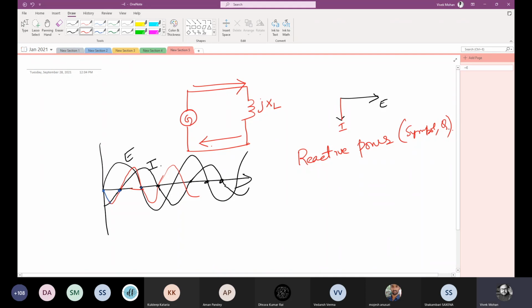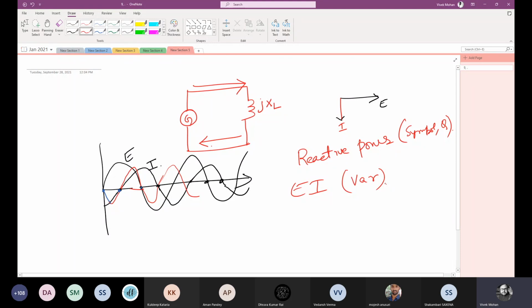The reactive power is also given by capital E into capital I in this case. Only thing is its direction is alternating. But by the unit VAR, we differentiate it with respect to active power.